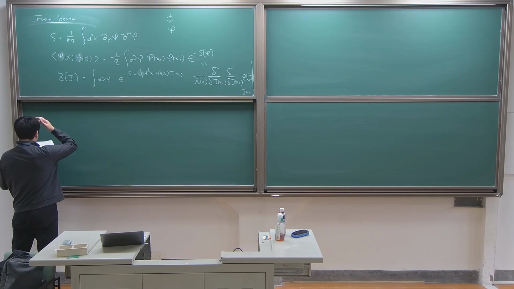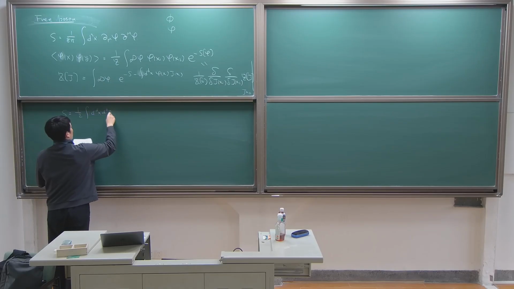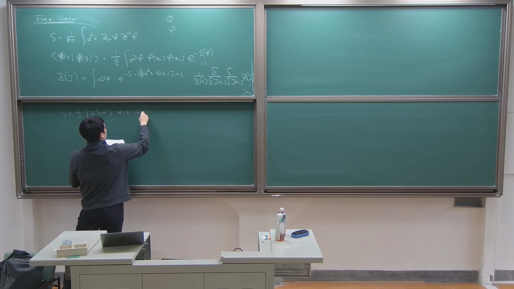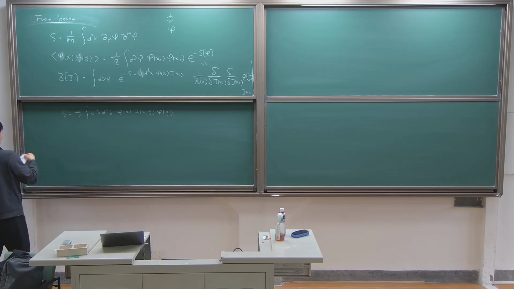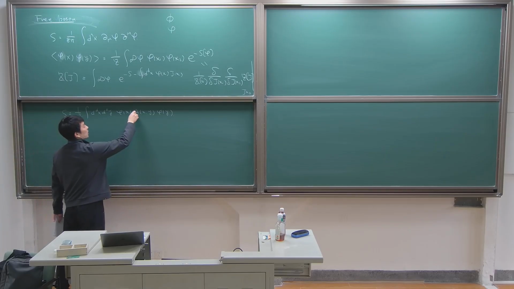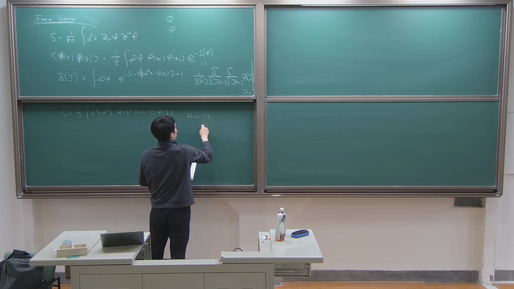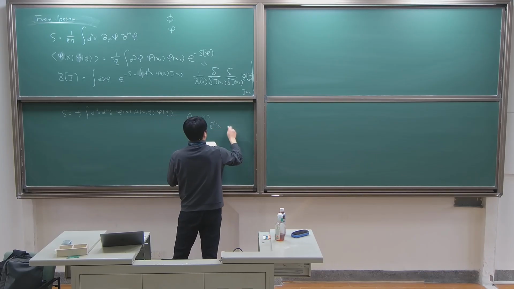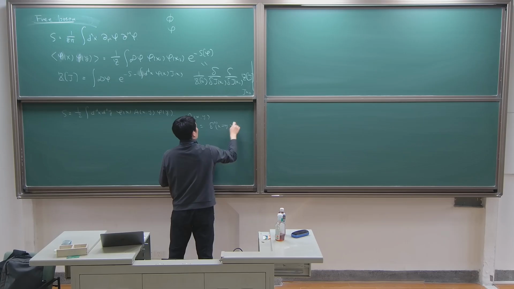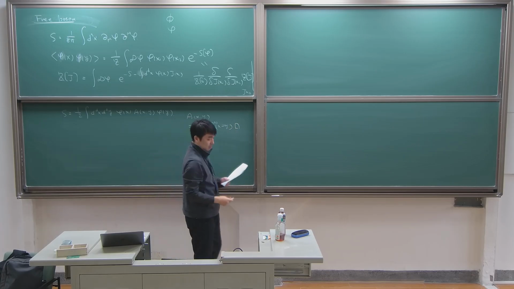Essentially, suppose the action can be written as follows: one half integral d^dx d^dy phi of x, K of x y, phi of y. In the other example, K of x y is the delta function of x minus y times the Laplacian, equal to minus one quarter like this.